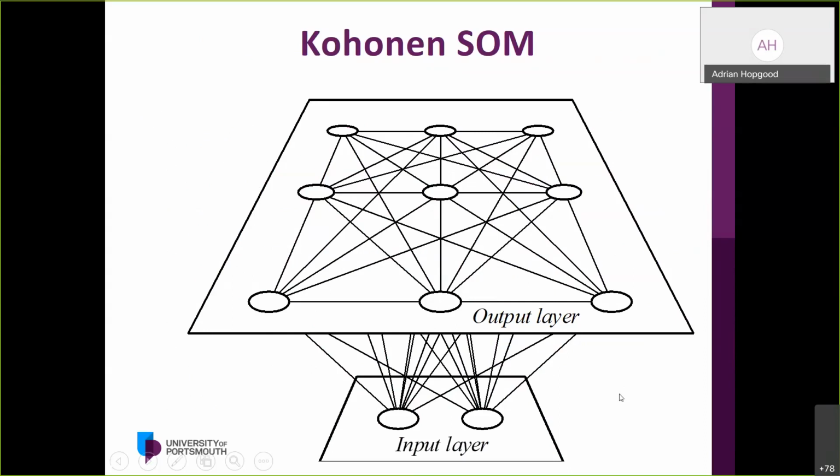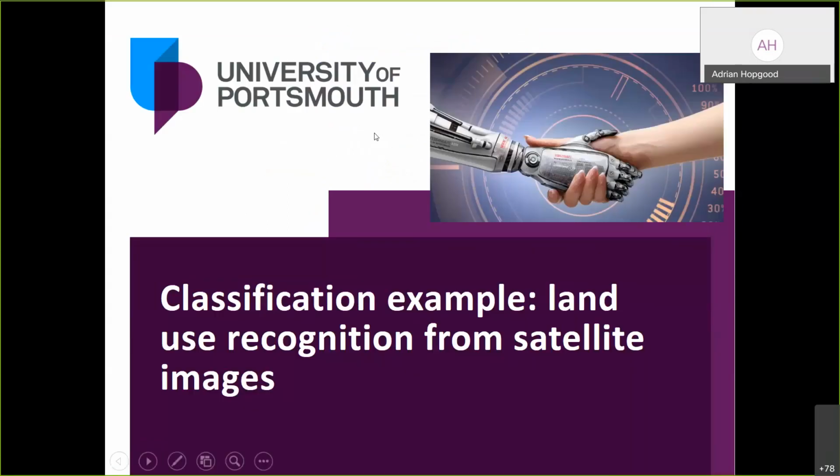And like inputs tend to cluster in different parts of this kind of map here. So you'd get a clustering of firing neurons down here and a different cluster up here in a Kohonen network. But I'm going to give you an example now, which will hopefully make this a bit more tangible. I'm going to look at a classification example to do with land use and recognizing land use from satellite images.